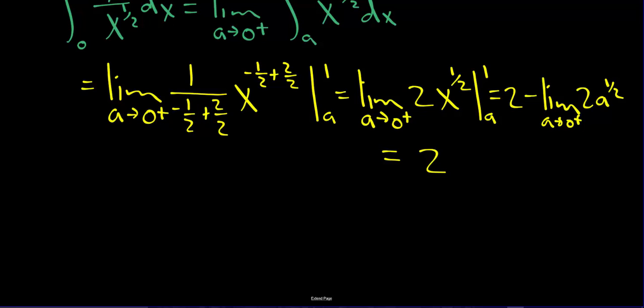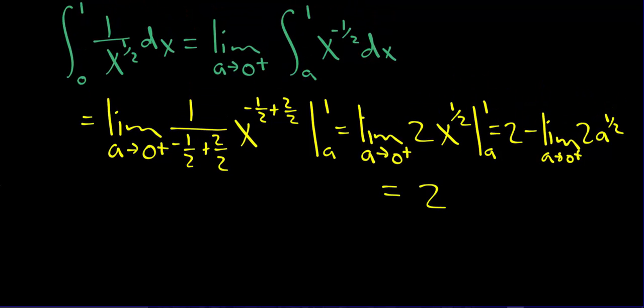What did you do right there at the very beginning? Well, whenever you turned the integral just into the limit. What I did from here to here is I took out the 0 because that 0 is where the integral is undefined. There's a vertical asymptote there. And what I did was I said, well, I'm going to replace that with an a and just see what happens when a goes to 0.